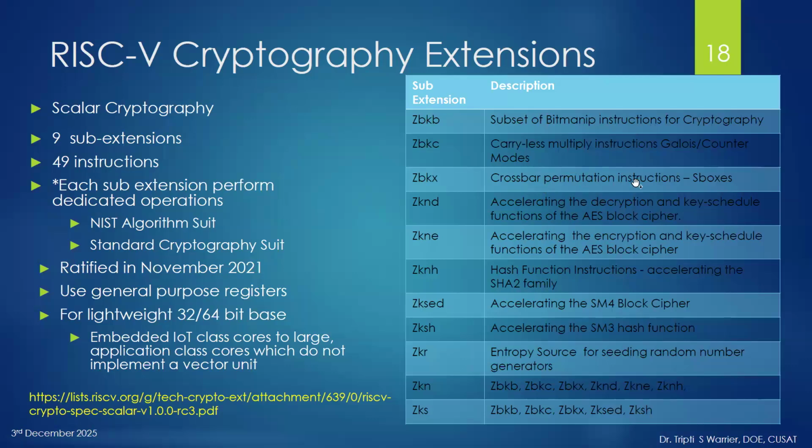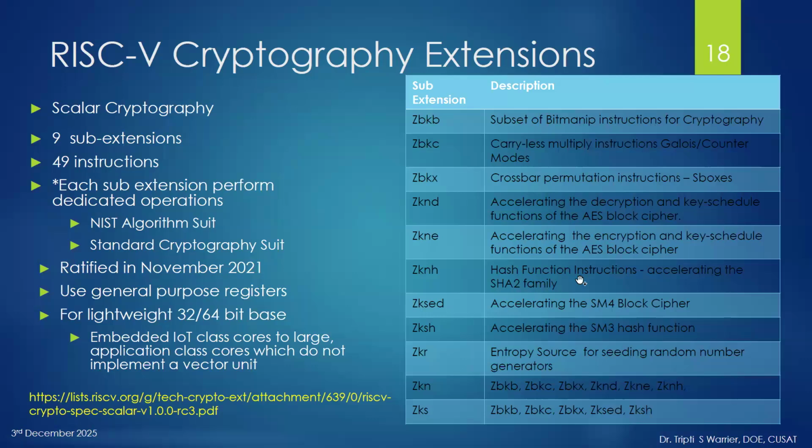Other than that, you have the crossbar permutation subset, and then specific instructions for AES decryption and key scheduling, and encryption and key scheduling for AES. This is another subset. Then there is acceleration of SHA hash functions. This set of instructions is called the NIST algorithm suite.